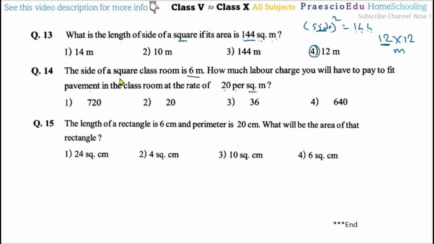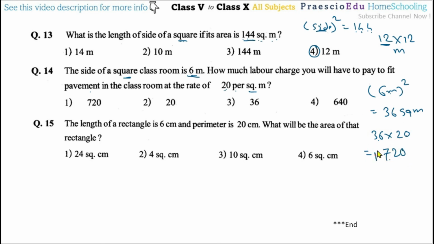So this is a square classroom and the side is 6 meter, so 6 meter multiplied by 6 meter. So 6 squared is 36 square meter, but the rate is rupees 20 per square meter. So 36 multiplied by rupees 20. 36 multiplied by 2 is 72, and the 0 as it is.